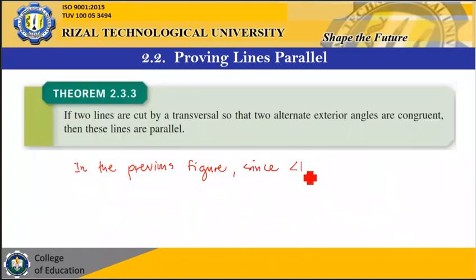Since angle 1 is congruent to angle 7, it follows that line A is parallel to line B. That's according to the theorem.